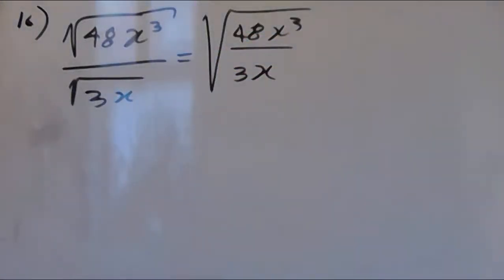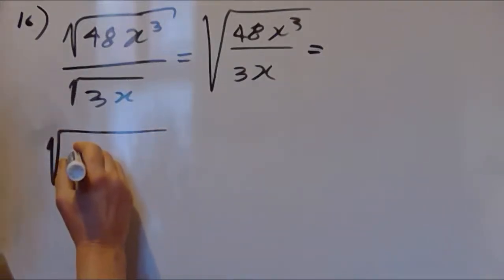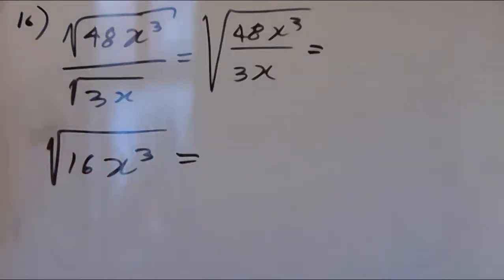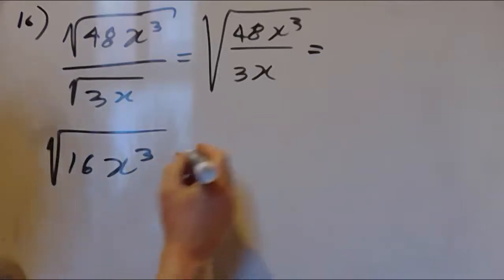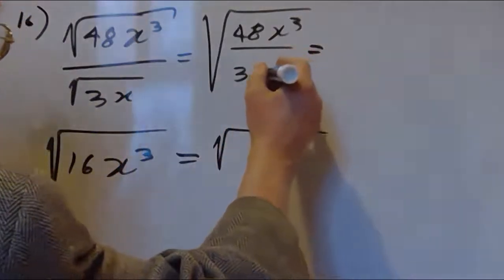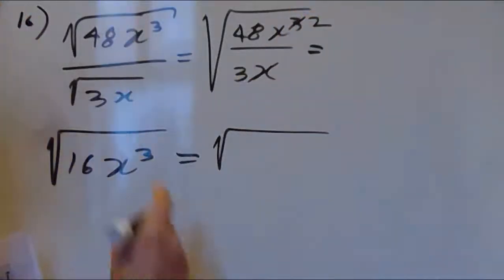Well, it turns out indeed I can, because 3 goes into 48 16 times. So I end up with the square root of 16x cubed. We know 16 is a perfect square, and we also see that this x cancels out with that, leaving us with x squared.